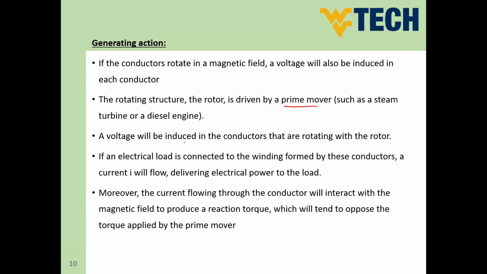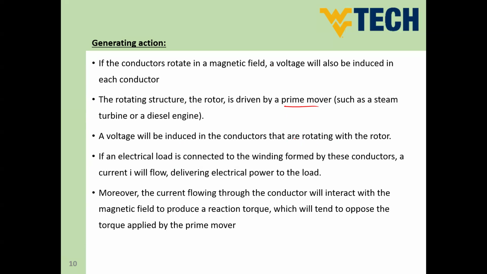A voltage will be induced in the conductors that are rotating with the rotor. So we have voltage generated from the magnetic field and motion action. Once we have a magnetic field and mechanical power to provide rotation for our machine, you will have generated voltage.